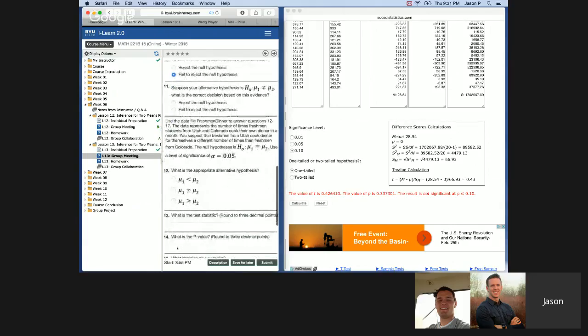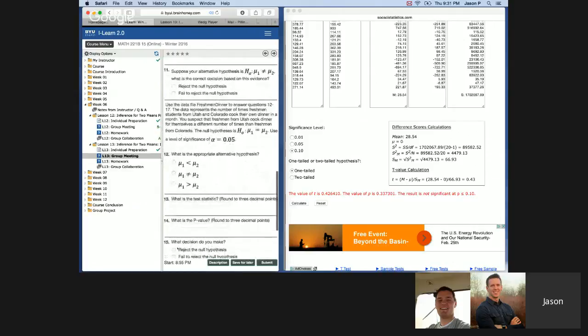Awesome. He's doing a group meeting. Number 11. Suppose your alternative hypothesis is mu1 is not equal to mu2. What is the correct decision based on this evidence? So, Jason, you just need to click on two-tailed and then recalculate it. Yep, so now it's two-tailed, Jason, because they're not equal to.